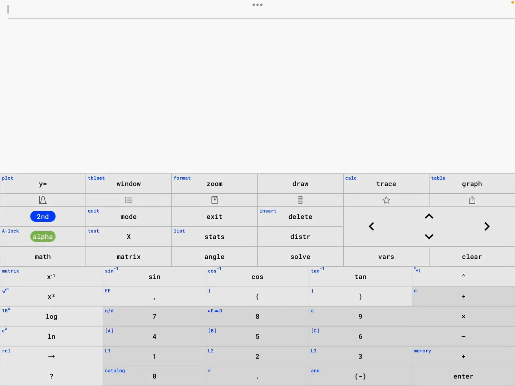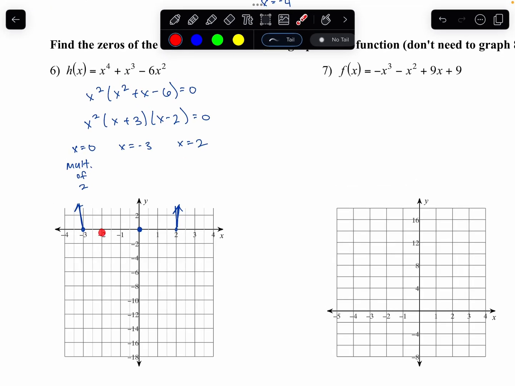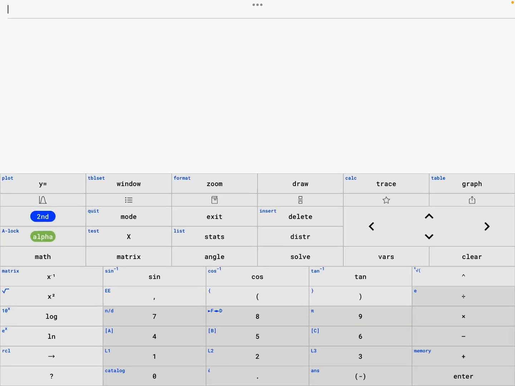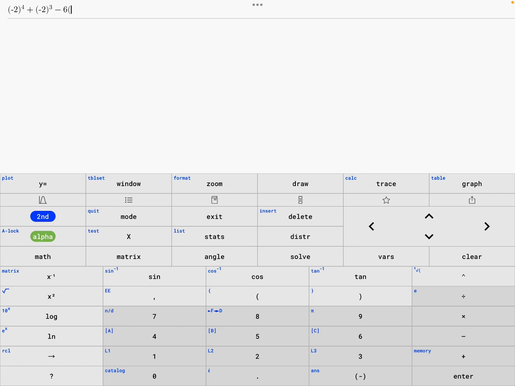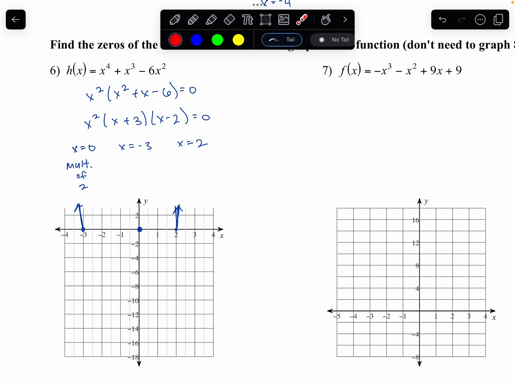Let's take -2 and plug that in here. We have -2 raised to the 4th power, plus negative 2 raised to the third power, minus 6 times negative 2 squared. And that becomes negative 16. So I know it's going to come down to that point right there.